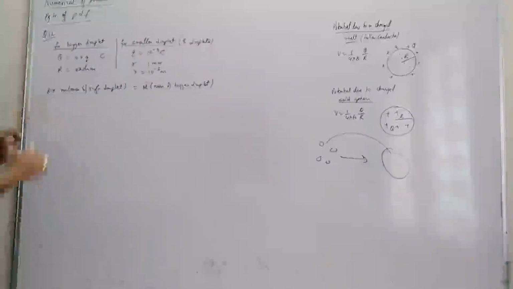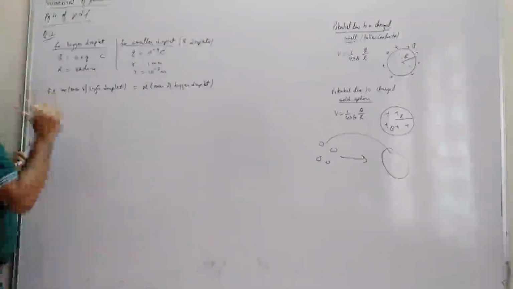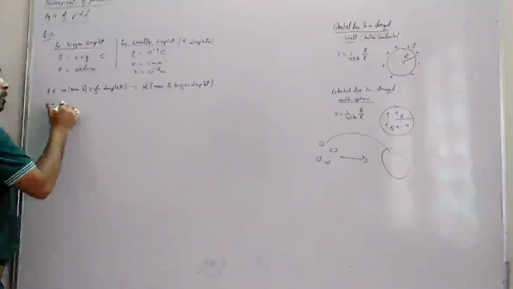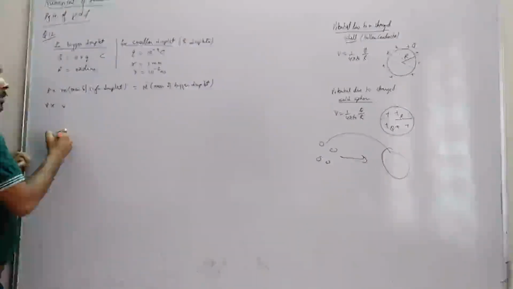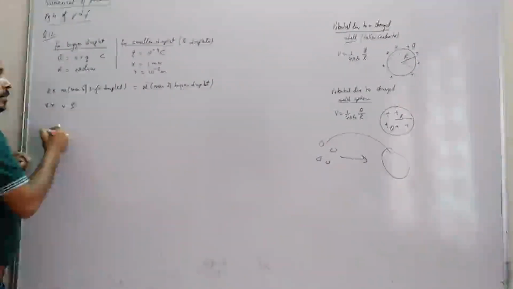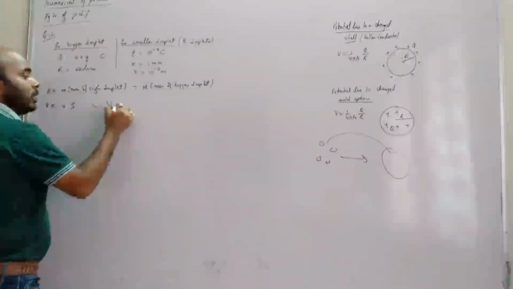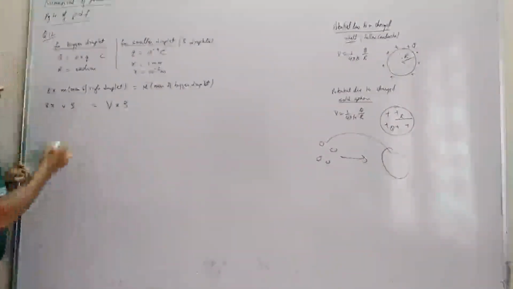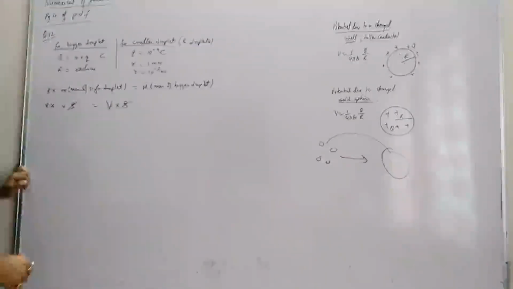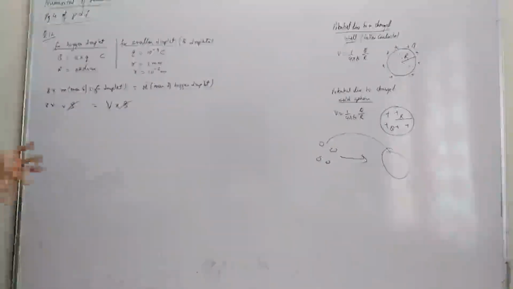Now, what is the mass of a single droplet? Volume of a single droplet, small v, into density equals the mass of the bigger droplet, volume into density. Here, the density of the small droplets and the density of the bigger droplet will remain the same, because there is no change in density mentioned in the question.